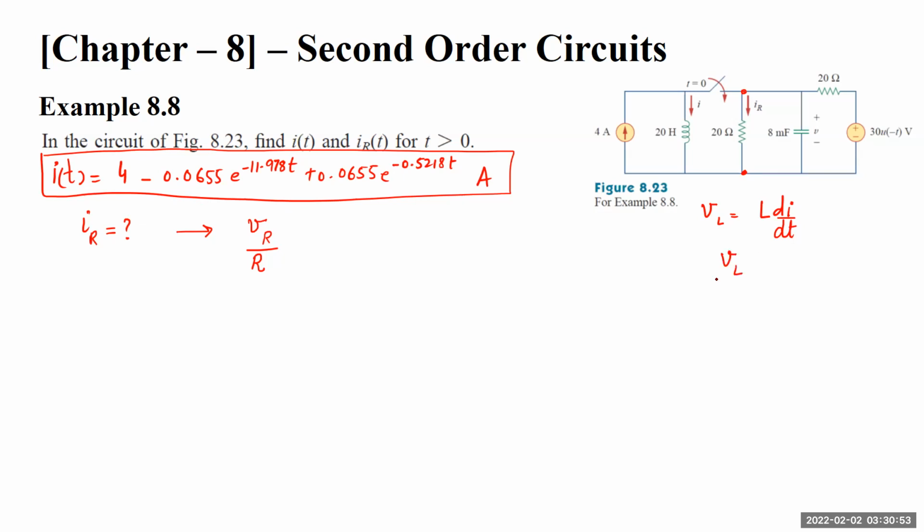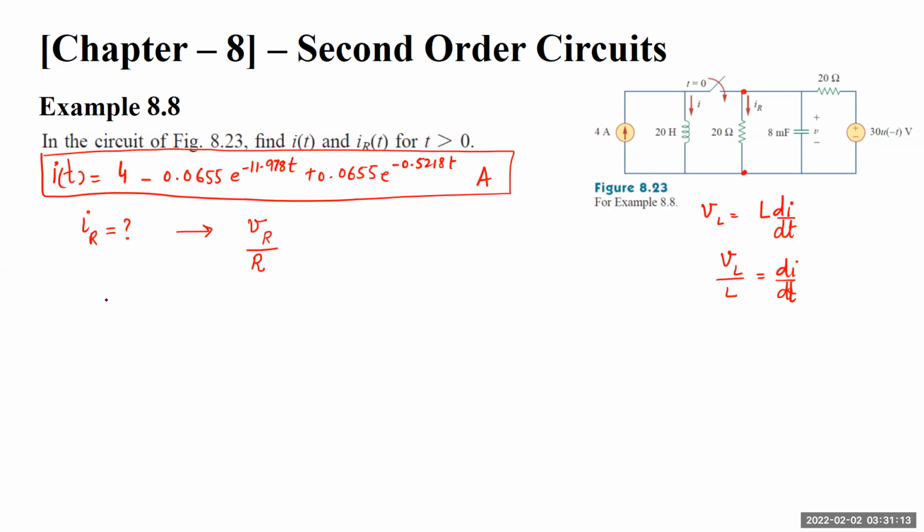So if we differentiate this equation and multiply by the value of inductance, we'll get the voltage across the inductance, and that will be the voltage appearing across the resistor.